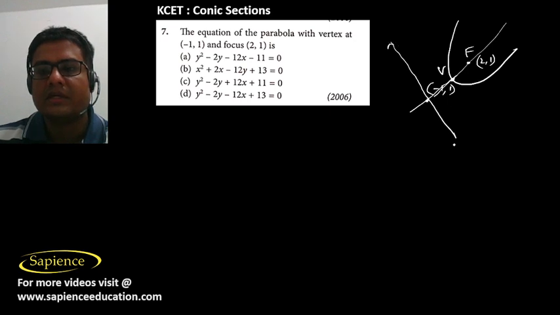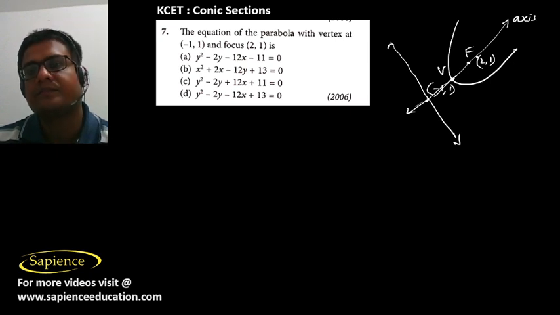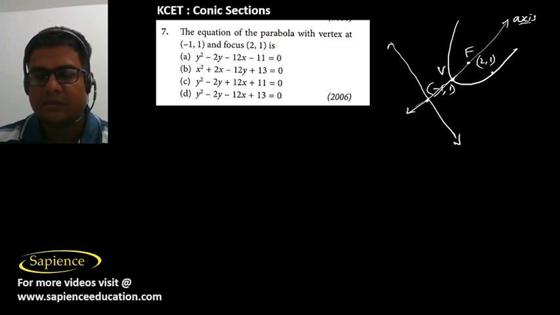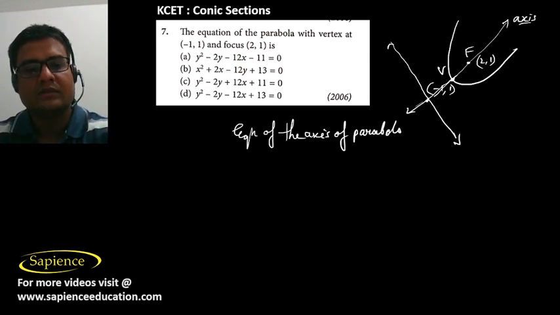Then we can find the point at which the directrix will intersect the axis of the parabola. So this is the axis of the parabola, the equation of the axis of the parabola.